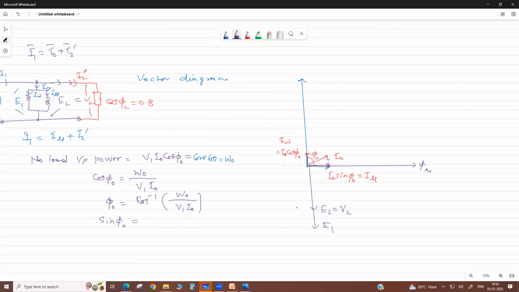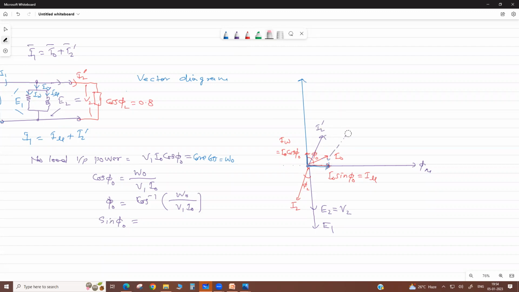Because there is no drop, since impedances are neglected, E2 is equal to V2. Then your load current I2 lags with phi 2. As referred to the primary side, its current will come as I2 dash.